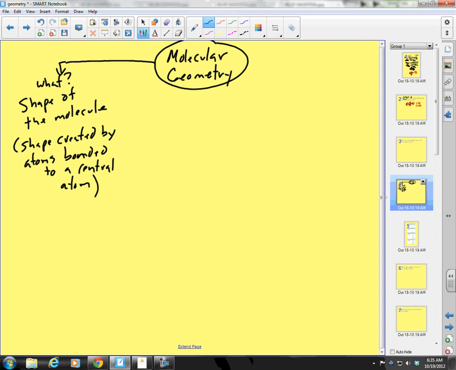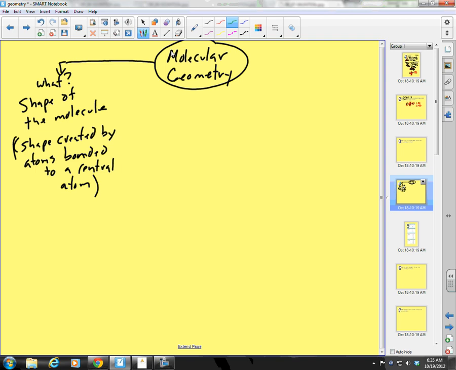Okay, that's what we're talking about. It means we're really not talking about the shape of the electrons. We're talking about the shape of the actual atoms bonded to this central atom, the shape that is created by that formation.